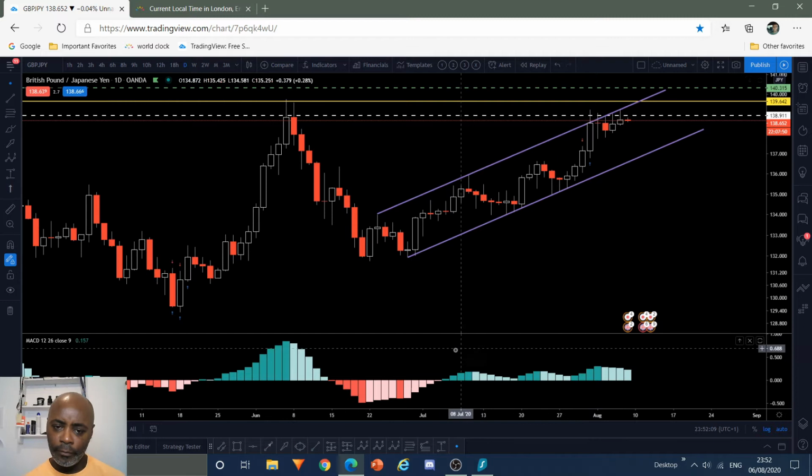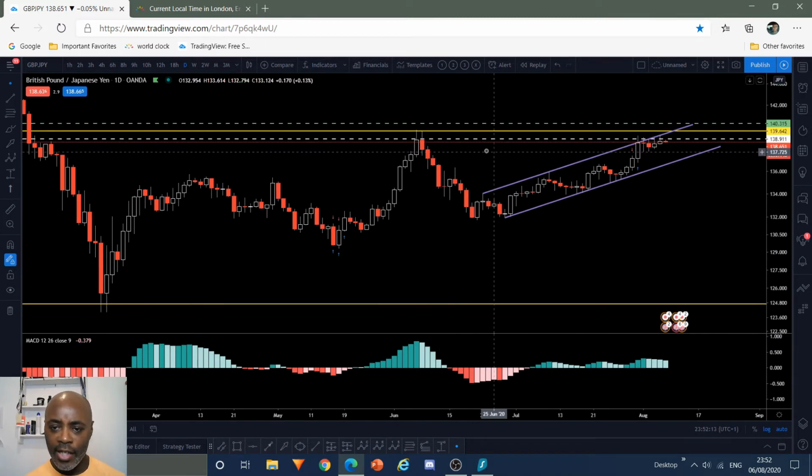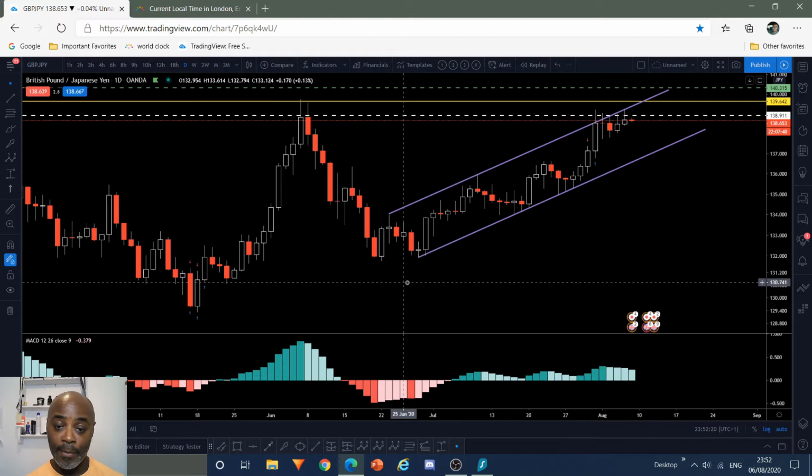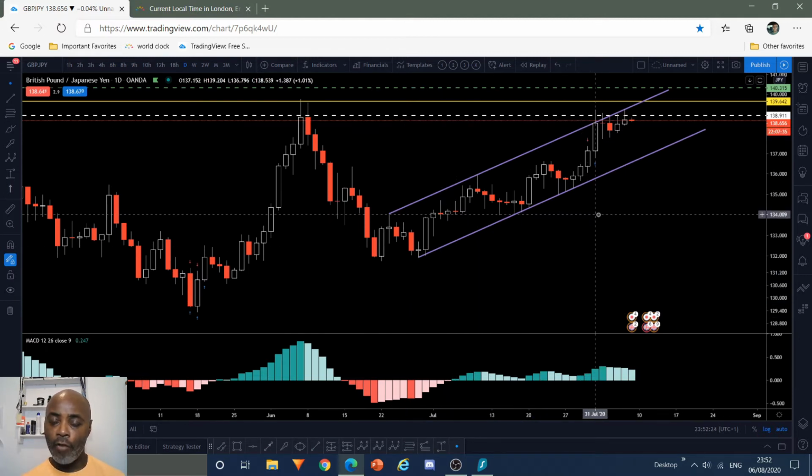Now, what you will see is that at this 618 level, we have a move which is encapsulated within this channel, and remember that we're bearish this pair, so I'm actually looking for this pair to go down.